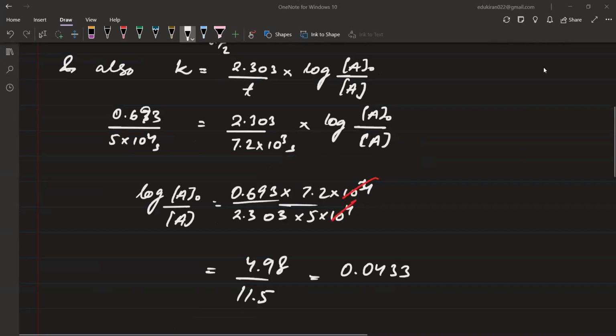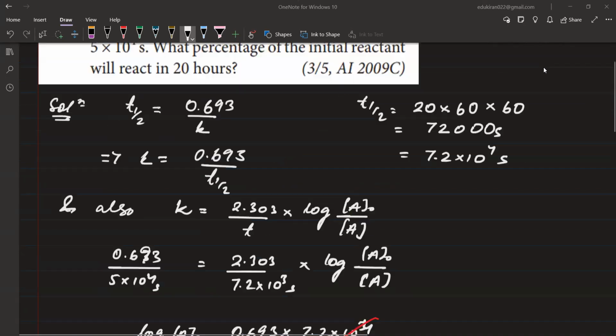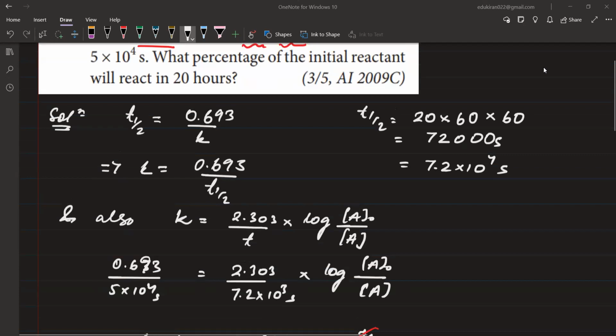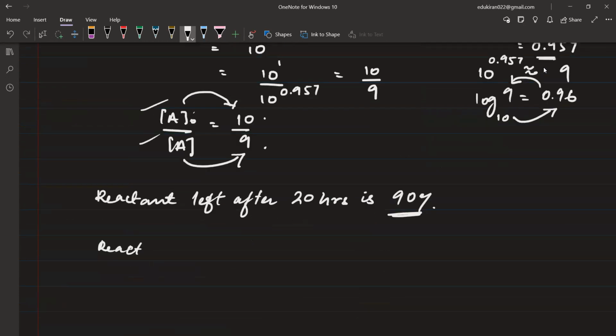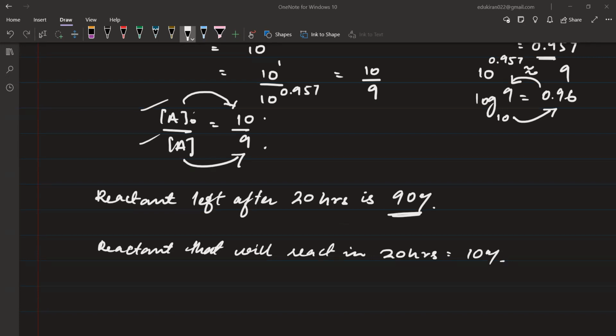What percentage of the initial reactant will react in 20 hours? The reactant that will react in 20 hours is equal to 10%. Yes or no, please tell me. Okay, please write this down.